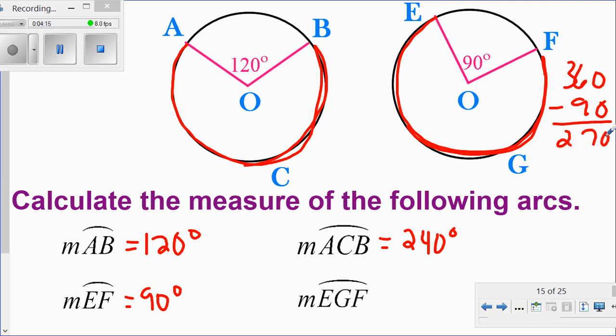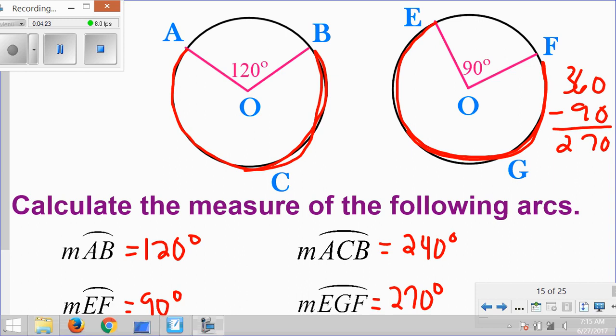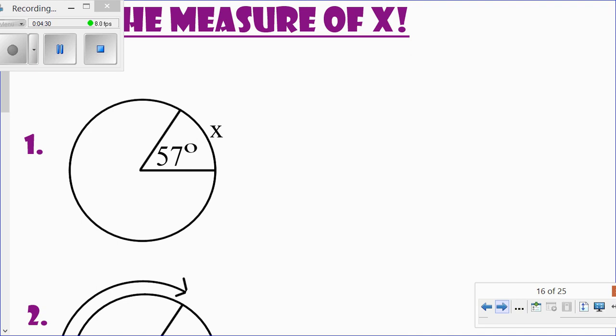That's the angle measure there, which means the intercepted arc is also 270 degrees. Let's look at a few more. If the central angle measures 57 degrees, then so does the intercepted arc.